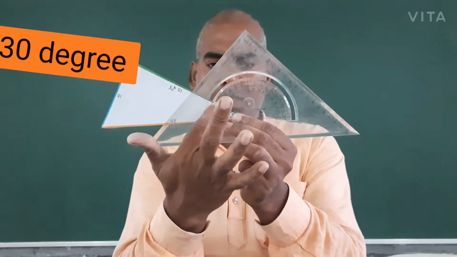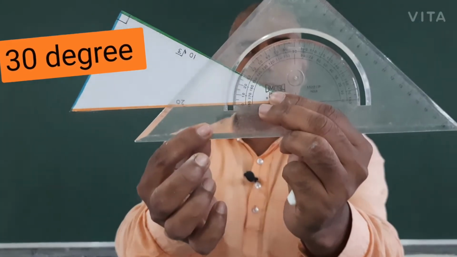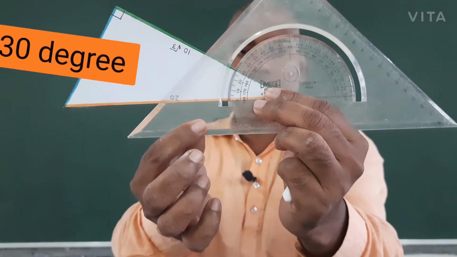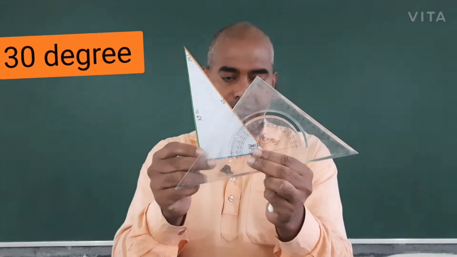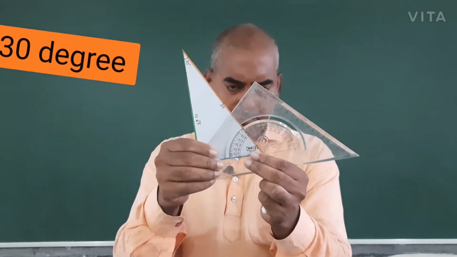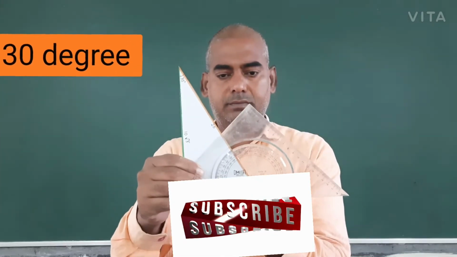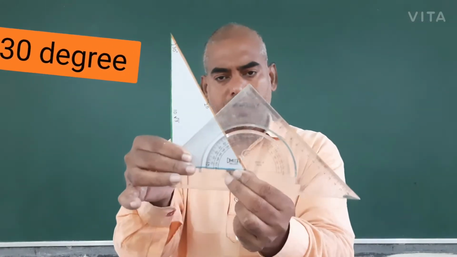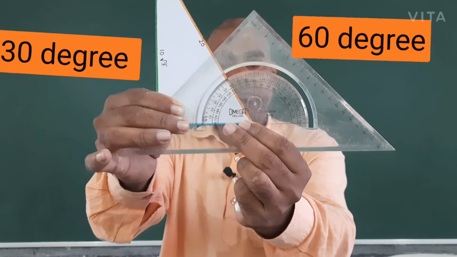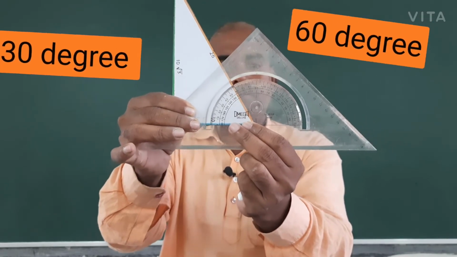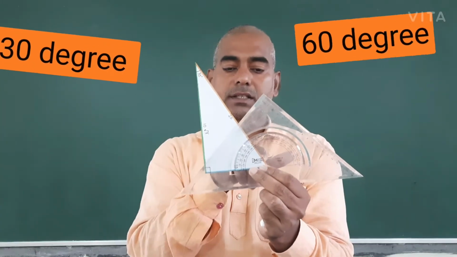Can you see? And now, let me measure this angle. Yes, this is a complete 60 degree. So this is 30 degree, this is 60 degree.